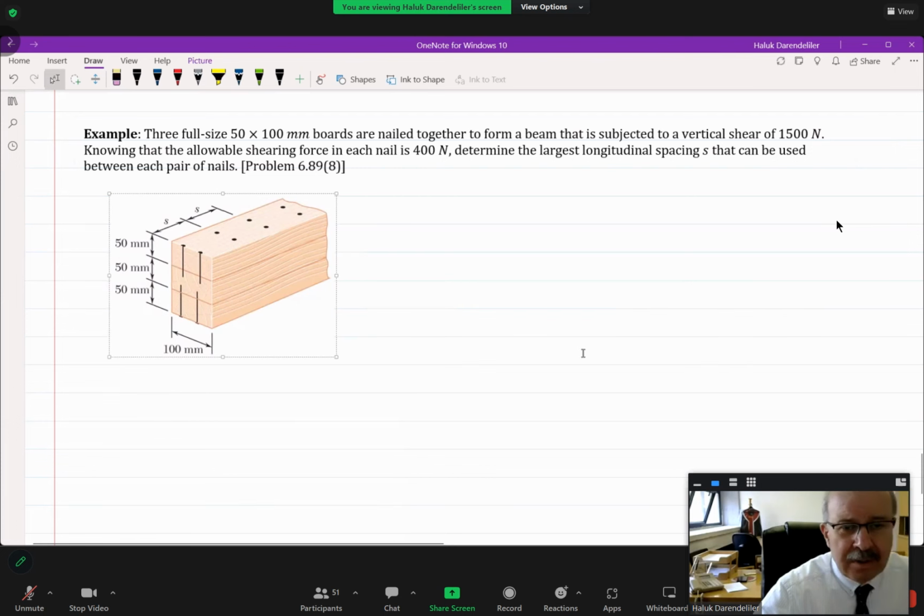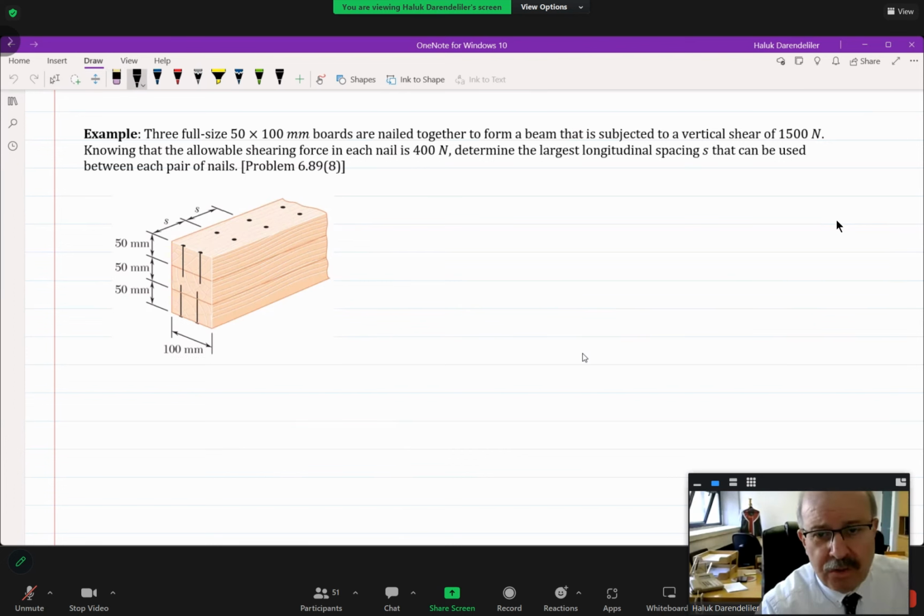So we know that there's a shear force of 1,500 newtons, and further, each nail can resist a shear force of 400 newtons. So if a higher shear force is applied, it fails. So we are looking for the largest spacing between the nails. Is this clear?